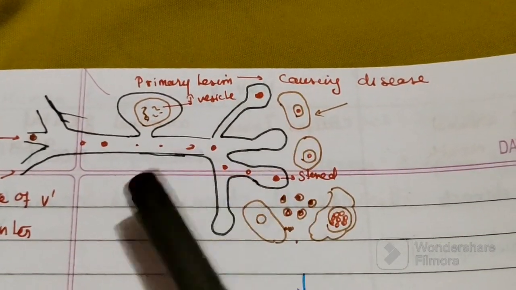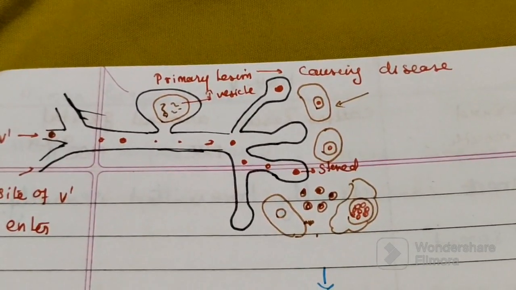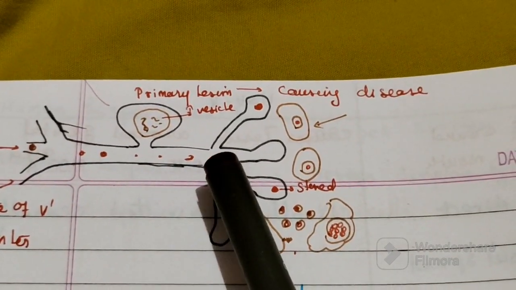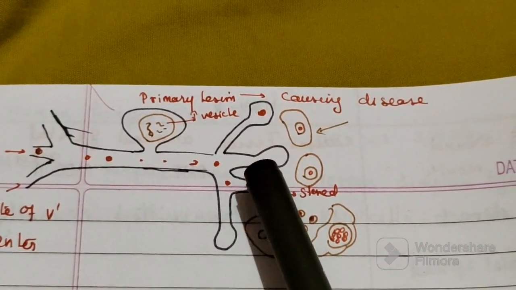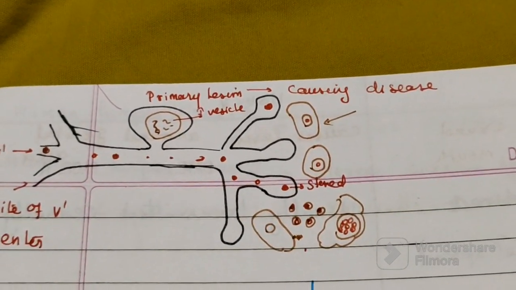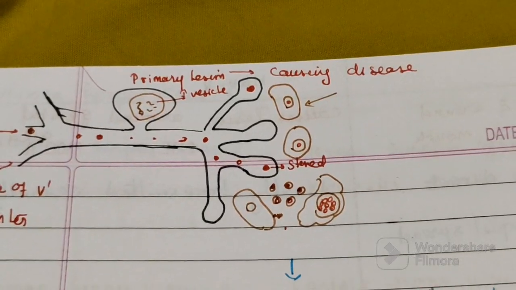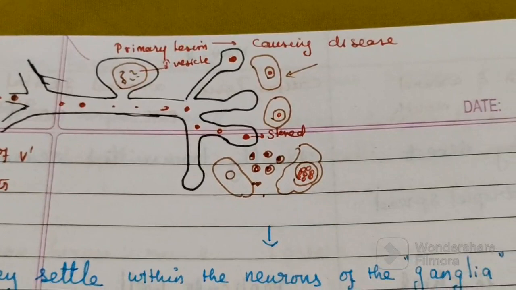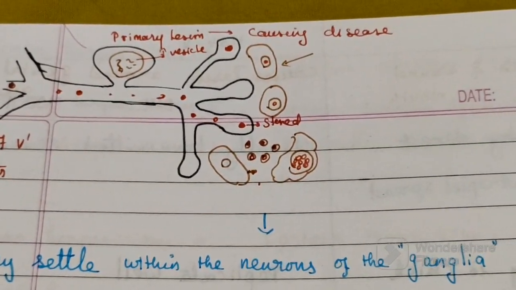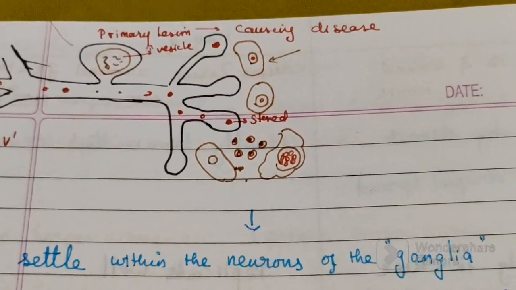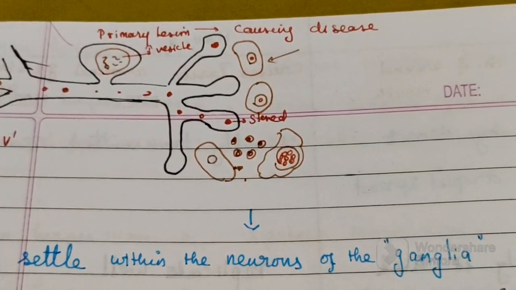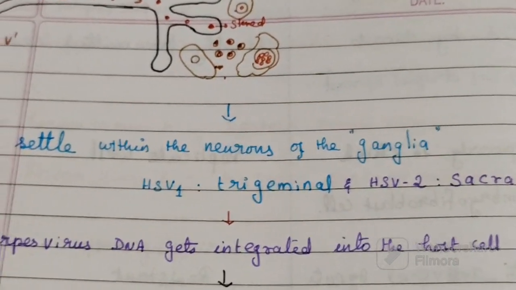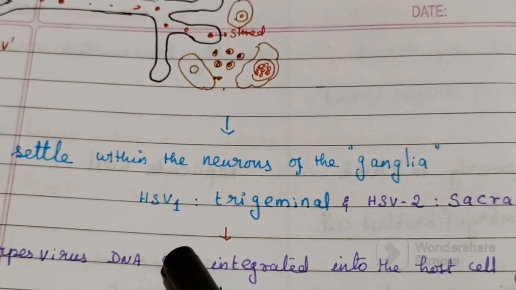Then the virus goes inside and is stored in the sensory ganglion. It remains in the body in latency for many years. After many years, the ganglion will be there. Which ganglion? In Herpes Simplex virus 1.